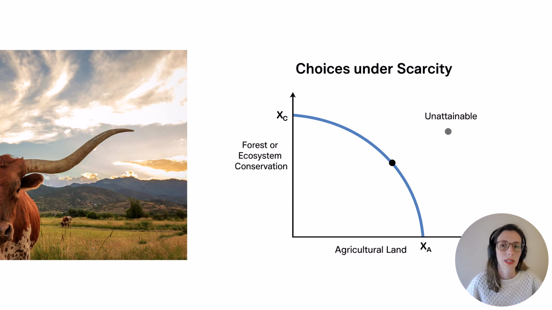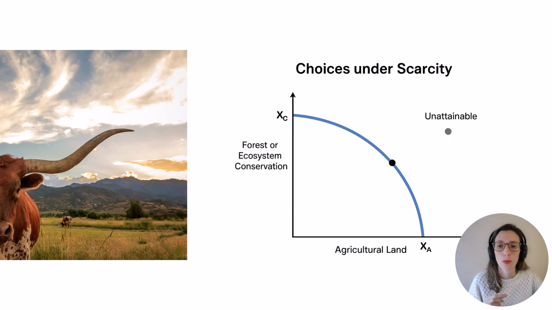Another interesting feature is related to efficiency. Any point on the curve or frontier represents an efficient use of land, in the sense that you cannot increase the use of land for one specific use without decreasing the use of land for the other use. On the other hand, points inside the curve represent inefficient allocations.